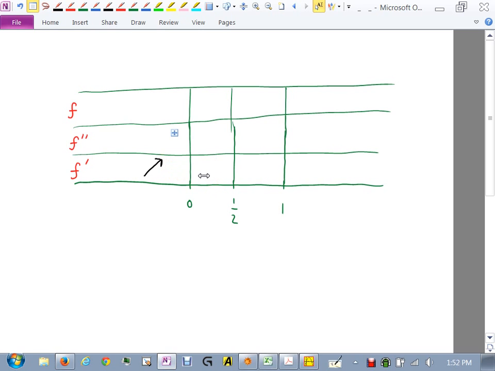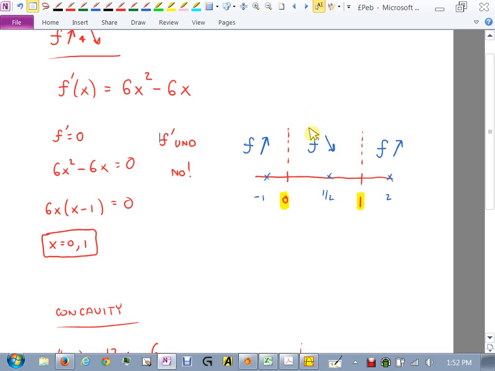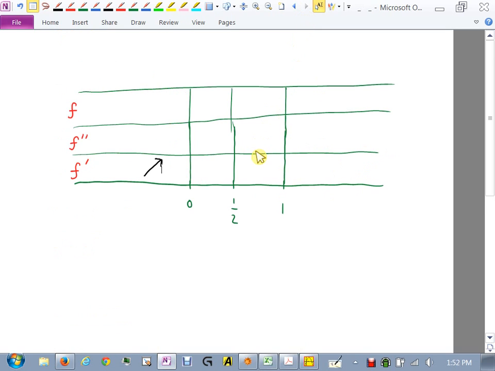What is happening between 0 and 1/2 for the first derivative? Well, it's decreasing. Actually, it's decreasing all the way till I get to 1. So I'm going to come back over here and say it's decreasing here, but it's also decreasing here. Do you follow that? I'm just extending it. And then after 1, it does what? Goes back up, increasing.